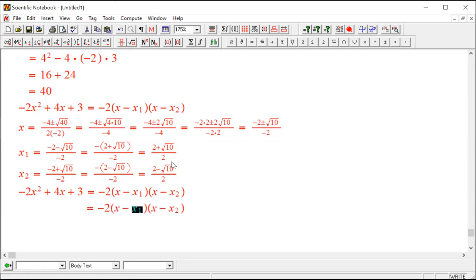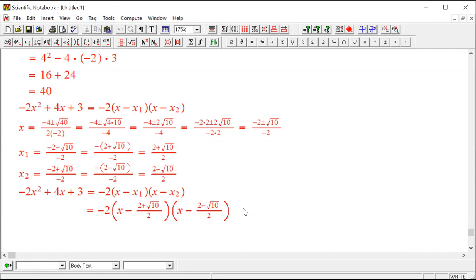But if we cannot, that's not the end of the world. So replace x1 by its equal, replace x2 by its equal. And we wish to separate the whole number part from the radical part.